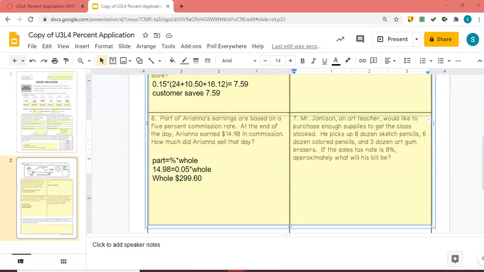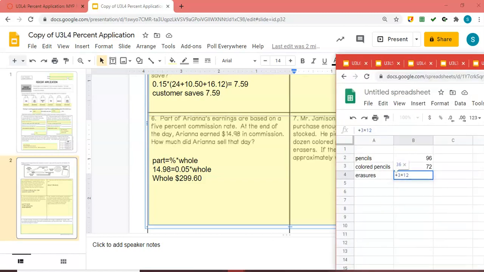Then we had 6 dozen colored pencils, and that was 6 times 12. Then we had 3 dozen art gum erasers, and that was 3 times 12. I'm going to go ahead and move this over so you can see how I'm doing the work.